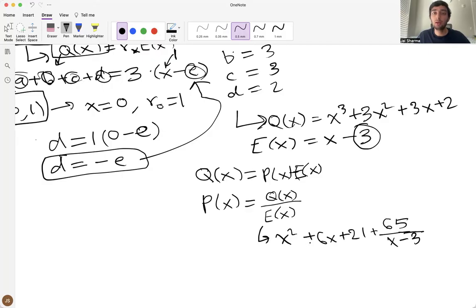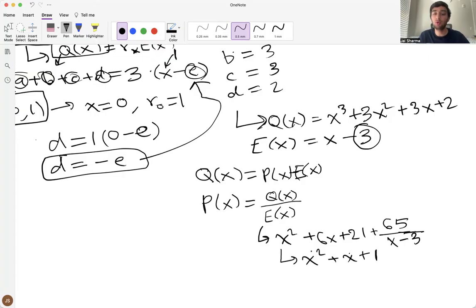And then all you have to do from here is, this is going to be x squared plus x plus 1 because it's mod 5, right?